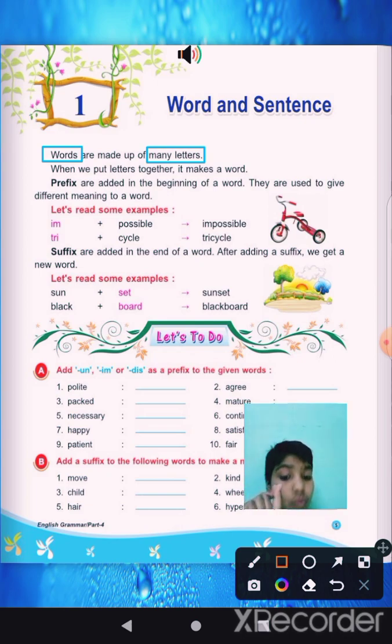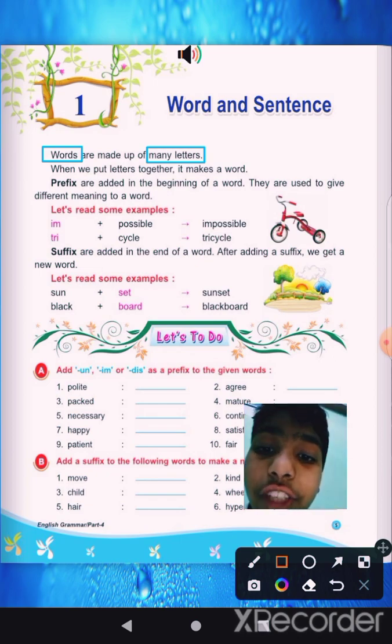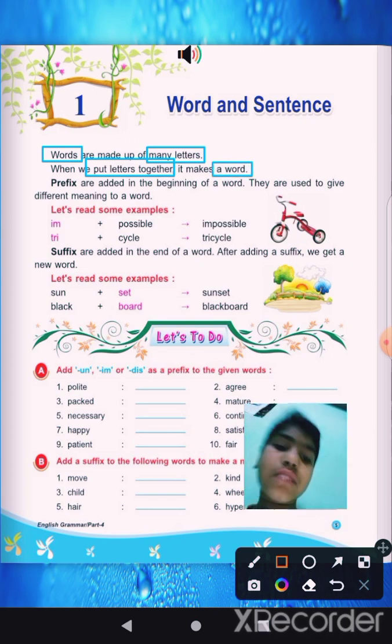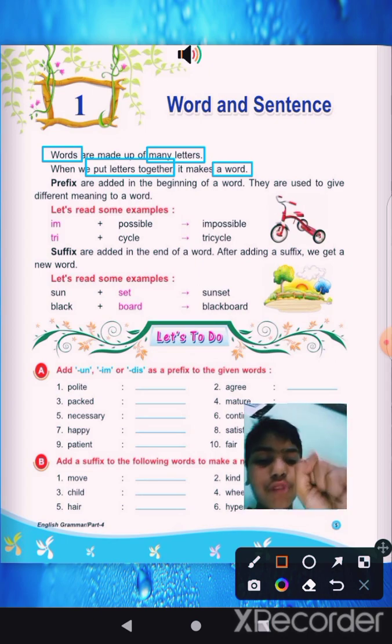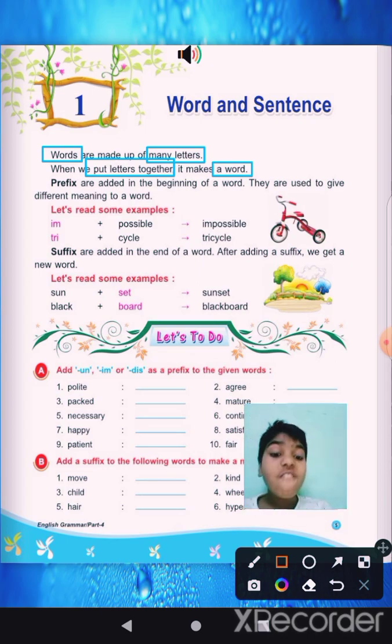One letter is just a letter. So see here, when we put letters together, it makes a word. A word is formed with many letters, and when they are put together, we get a word. But we know this, then why are we learning it?